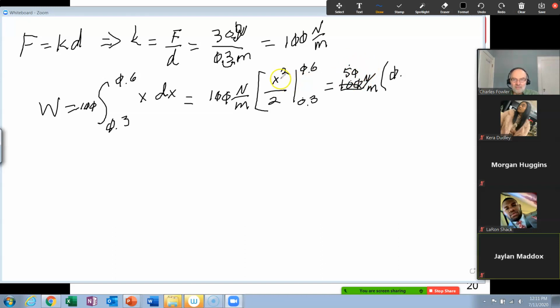So all we have is x squared, so 0.6 squared is 0.36 minus 0.3 squared is 0.09. Okay, now these are in meters squared because these were meters here, so these are meters squared.